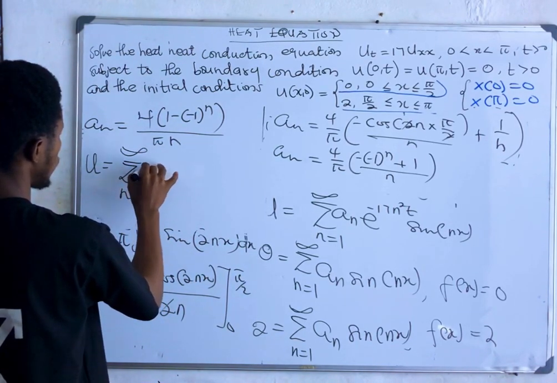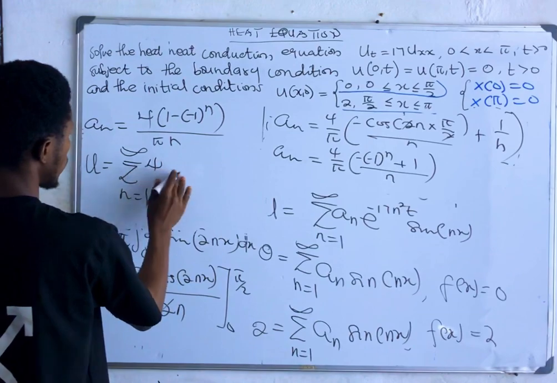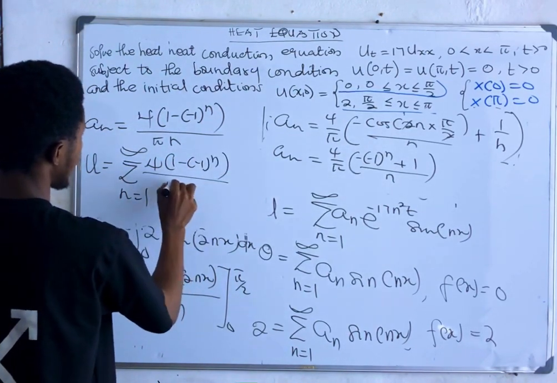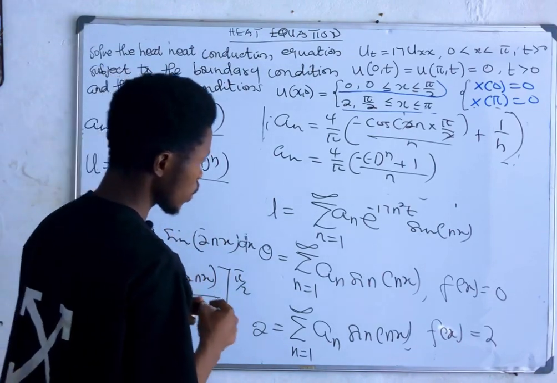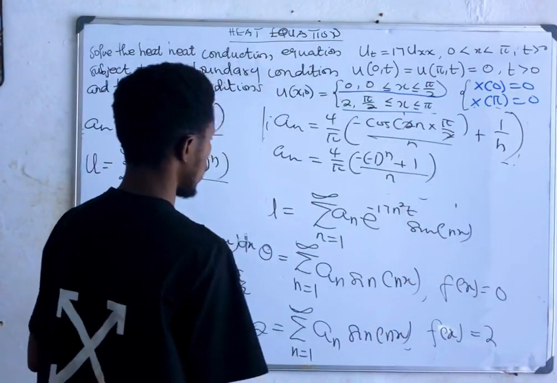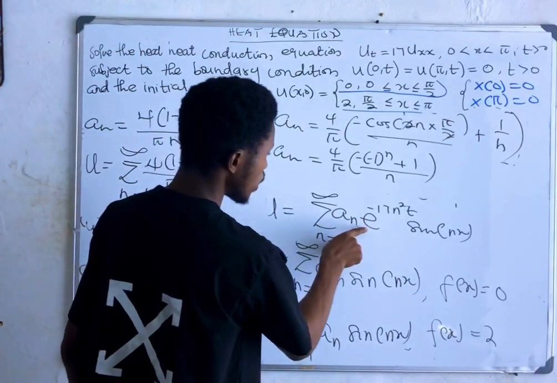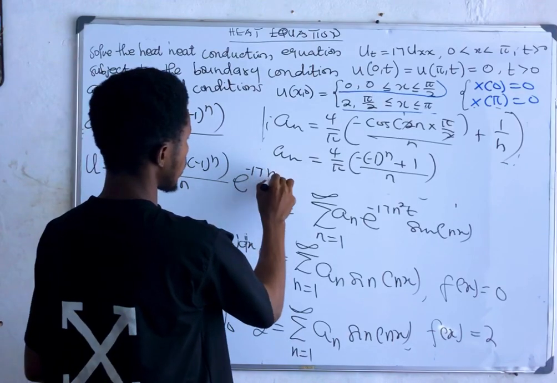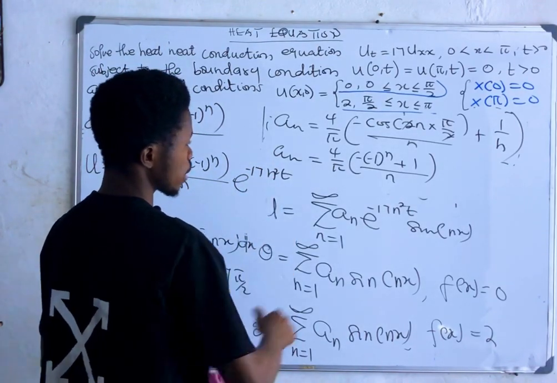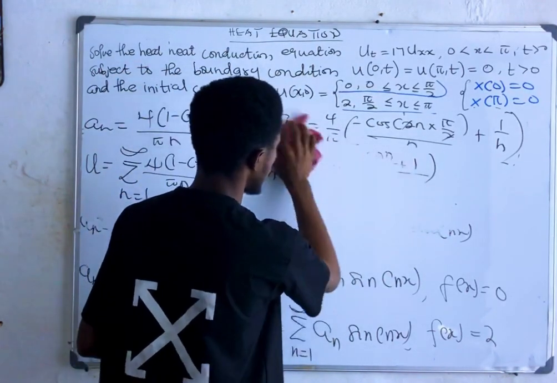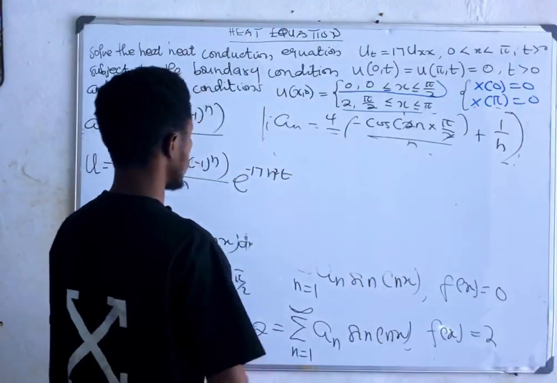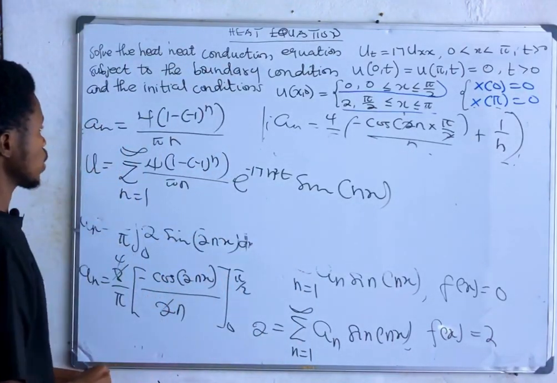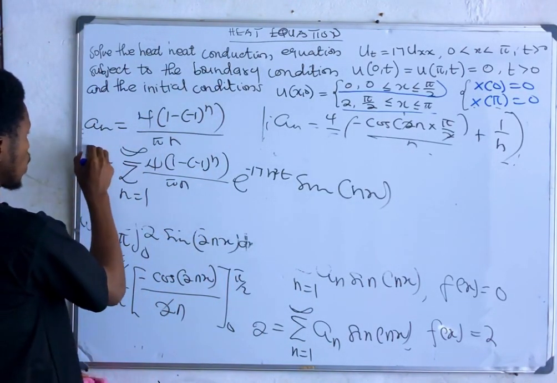Our a_n is now 4 bracket open 1 minus negative 1 to the power n, all divided by pi n, times e to the power negative 7n squared t, then sine nx. So this becomes our final answer.